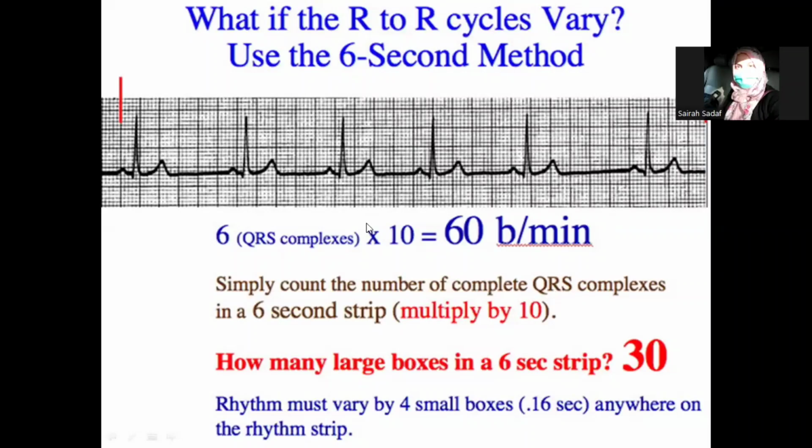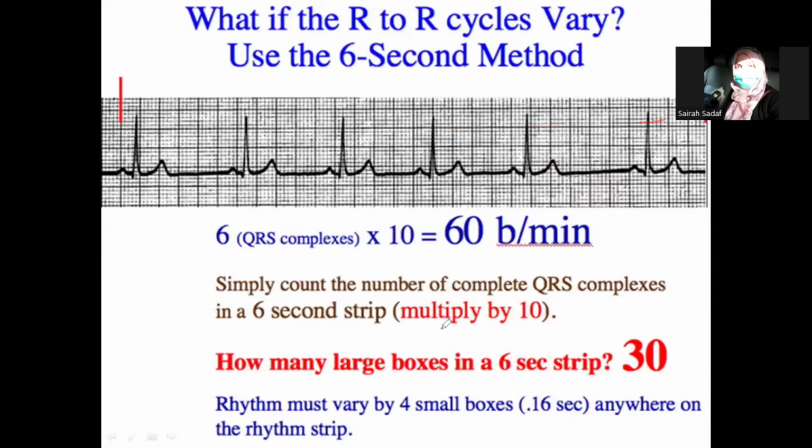What you have to do? You have to ask the ECG technician or ECG operator, or by yourself, just take a 6 seconds rhythm strip. Then count the number of QRS complexes or R waves in the 6-second rhythm strip and then multiply it by 10. So count the number of QRS complexes: 1, 2, 3, 4, 5, and 6.